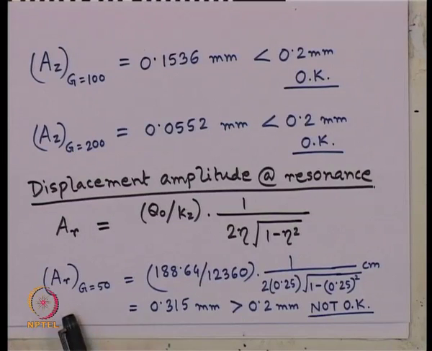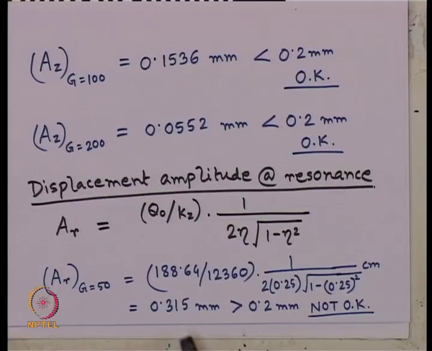Why do we need to check displacement amplitude at resonance? Because by chance, as I said in the previous lecture also, for machine foundations we cannot take any risk. By chance, if any condition similar to resonance arises, in that case what is our maximum displacement amplitude? It is better if we cross check that also.